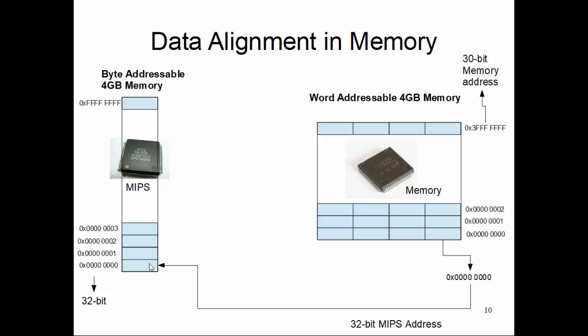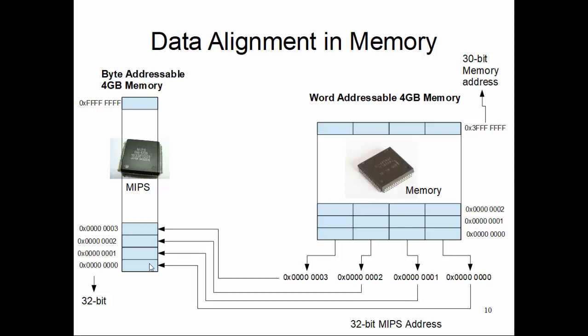This is a conceptual space I'm talking about. The right hand side is a physical memory which gives 32 bits at any point of time, and these 32 bits are filled out in successive 4 address locations as far as the processor is concerned.